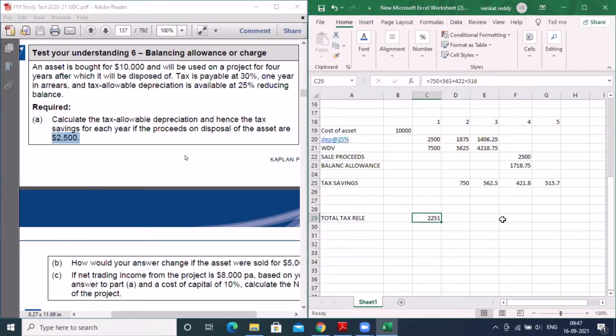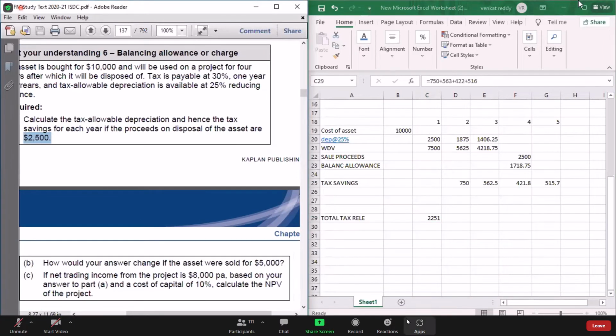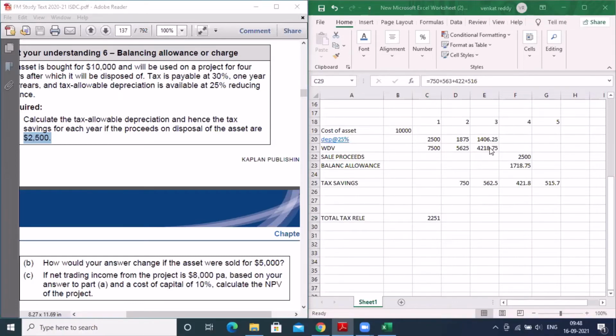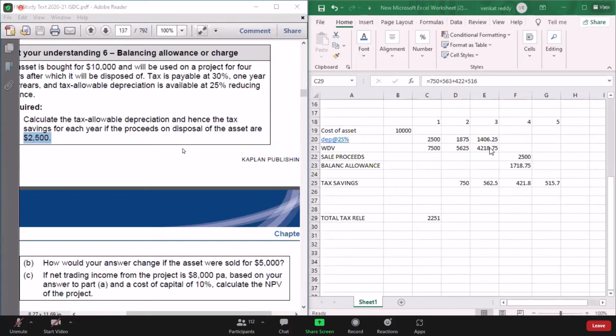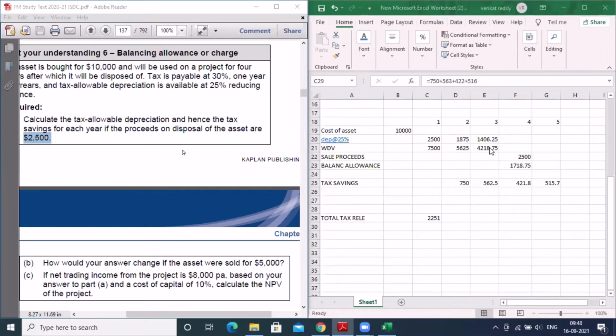Hope it is clear. Any queries? Shall we go with the B bit? Any queries on A bit? Because these are very, very important. If anyone didn't understand any specific point, let me know. If you want, I will give 1 or 2 minutes.